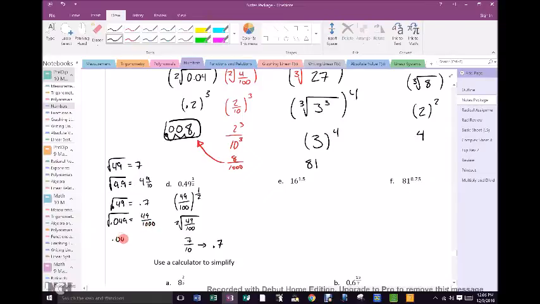What about 0.0049? Yes, because that is 49 over 10,000. The square root of 49 is 7, the square root of 10,000 is 100, right?